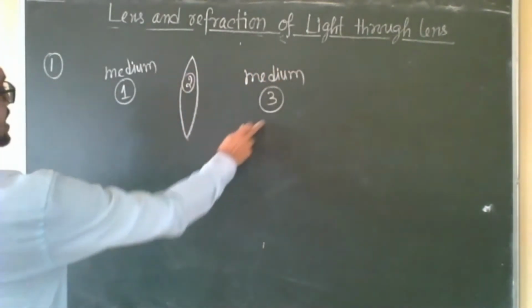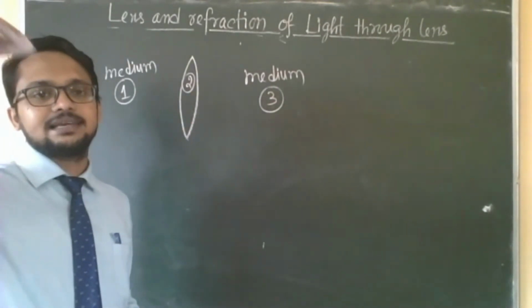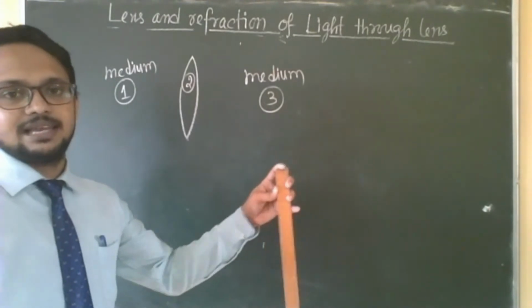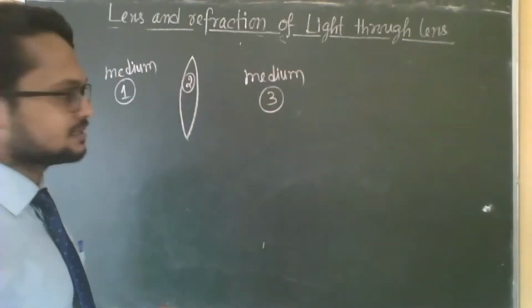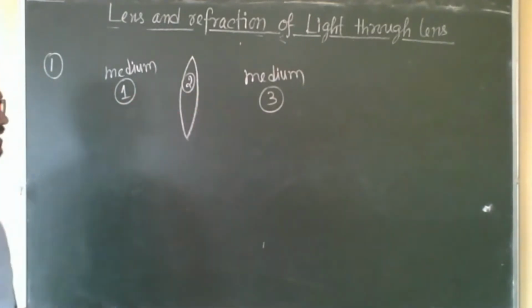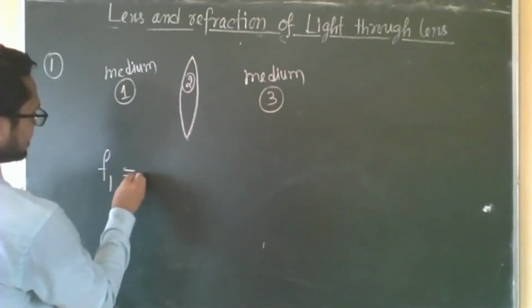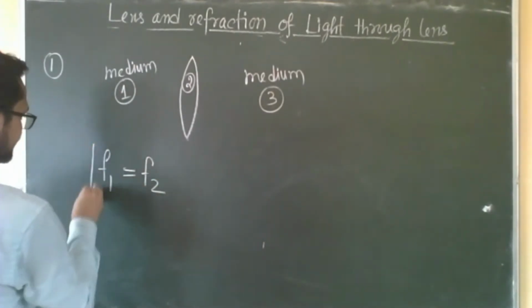If the first and third media are both the same, that means the lens is kept in air, with air on both sides of the lens, the same kind of medium. If the surrounding medium is the same, then the first focal length equals the second focal length.